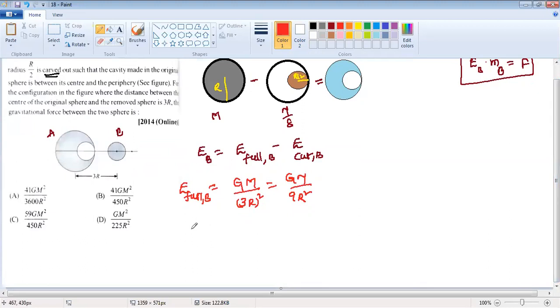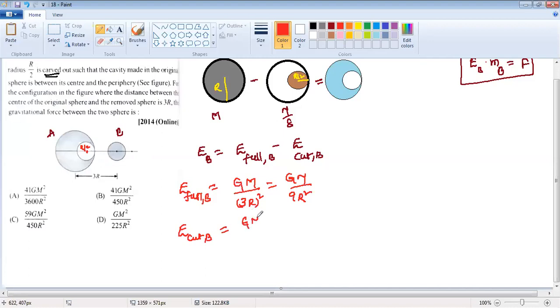Now the field due to the cut part, which is the removed part, at B. From the center, the distance is 3r, and this is r by 2, so this distance is 3r minus r by 2. What is this mass?